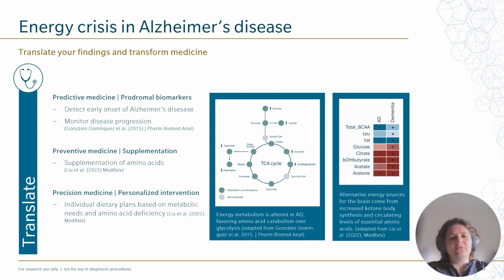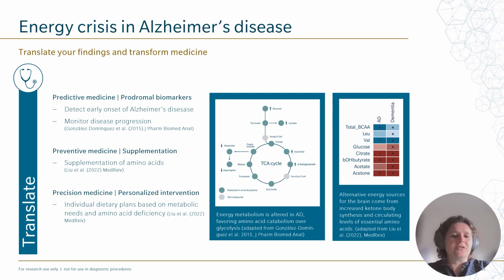How do you leverage this? Again, different ways depending on the application you're looking for. Of course, for predictive medicine, you can be looking, and we're still looking for them, for prodromal markers of Alzheimer's, so before onset of the disease. So for this, it's really interesting to find markers that relate to what we know the disease will look like later on, and maybe early compensating mechanisms. Of course, you can also try to prevent based on that knowledge using supplementation.